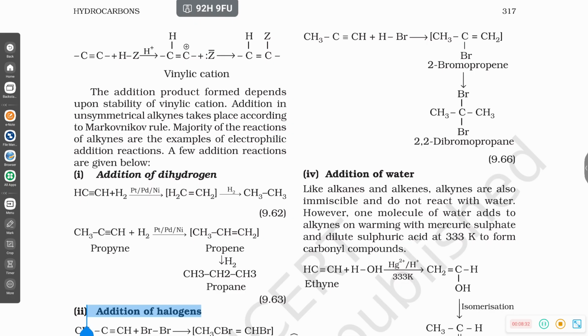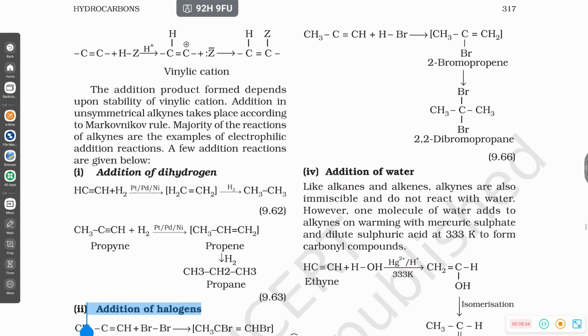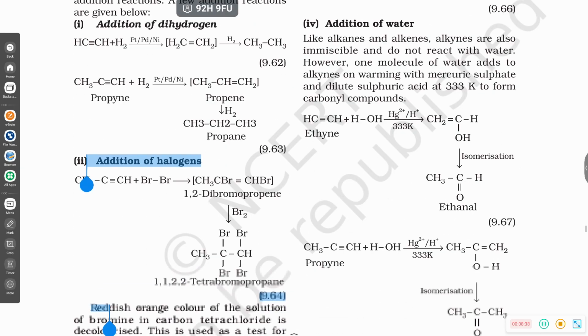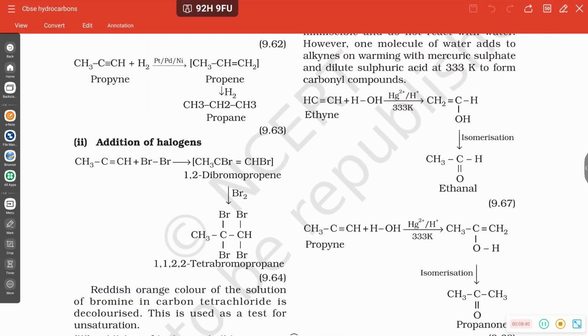H plus will attack first, positive where it is possible, so here positive will come, here negative will come. But what is addition of halogen? Simple: a pi bond breaks, Br attached; another pi bond breaks, Br attached. What is forming? 1,1,2,2-tetrabromopropane is formed.